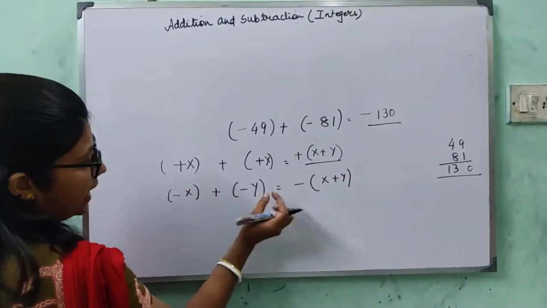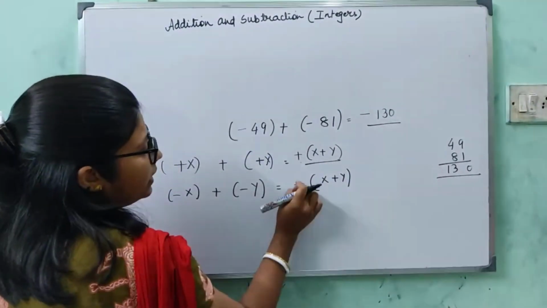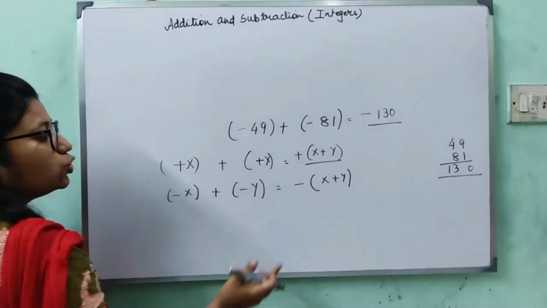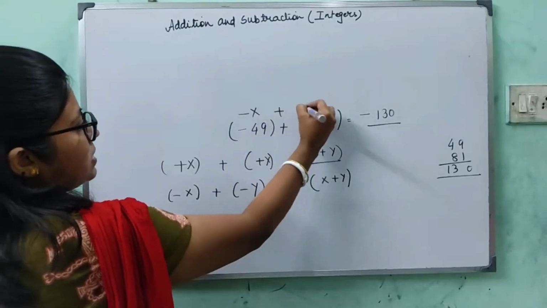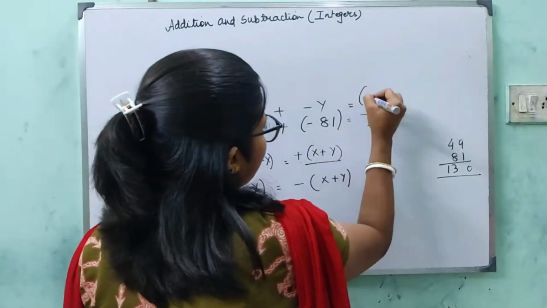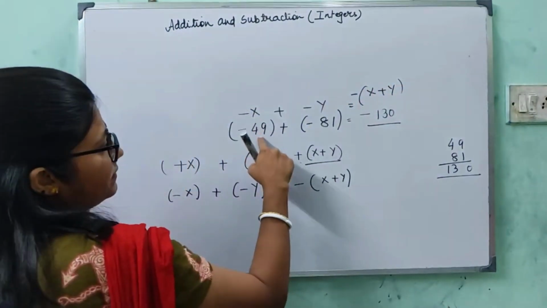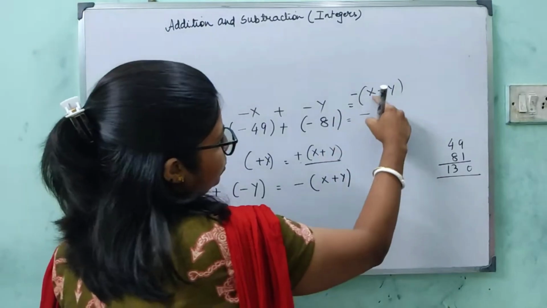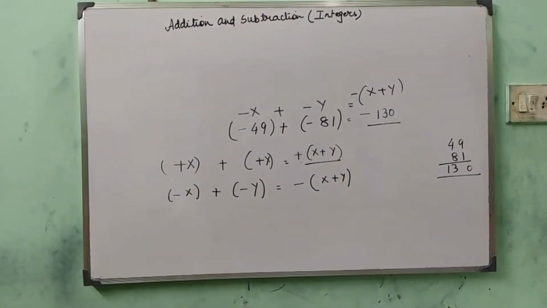Just take the x and the y, the two numbers, add them, and the sign will be the sign which the two numbers are carrying. I hope it is clear. So here minus x was 49, plus minus y, y is 81, so x plus y is 130. So 49 plus 81 is 130, so minus 49 plus minus 81 is minus 130.